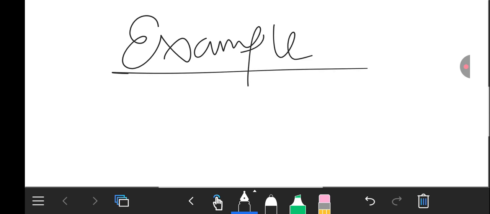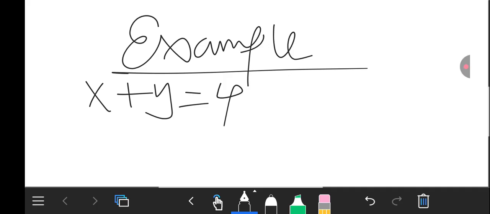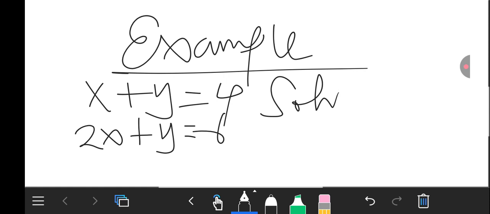Let's say you have x plus y is equal to 4. Then we also have another equation which is 2x plus y is equal to 6. Then they have said solve this simultaneous equation.